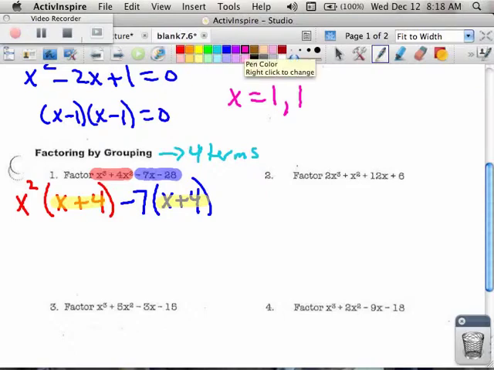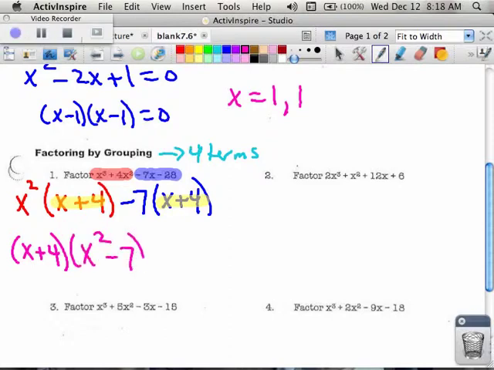So you write down the thing that happened twice as one thing, and then whatever's left over that you didn't write down, the non-highlighted thing, goes in a second parentheses. So you will see that factored out x plus 4 showed up there, and then everything else that you saw showed up in the second parentheses. And that's the process every single time.